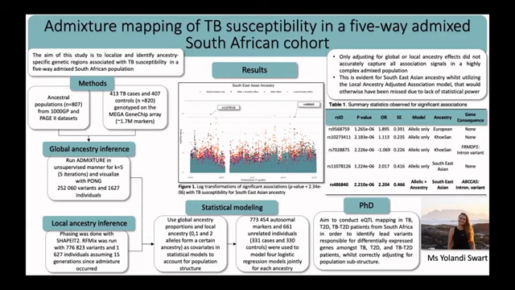For her PhD, she's taking it a step further and is going to perform eQTL mapping to look at differentially expressed genes amongst the TB case cohort, a type 2 diabetes cohort, and a type 2 diabetes and TB co-infected cohort, to look at how type 2 diabetes may be related to TB.